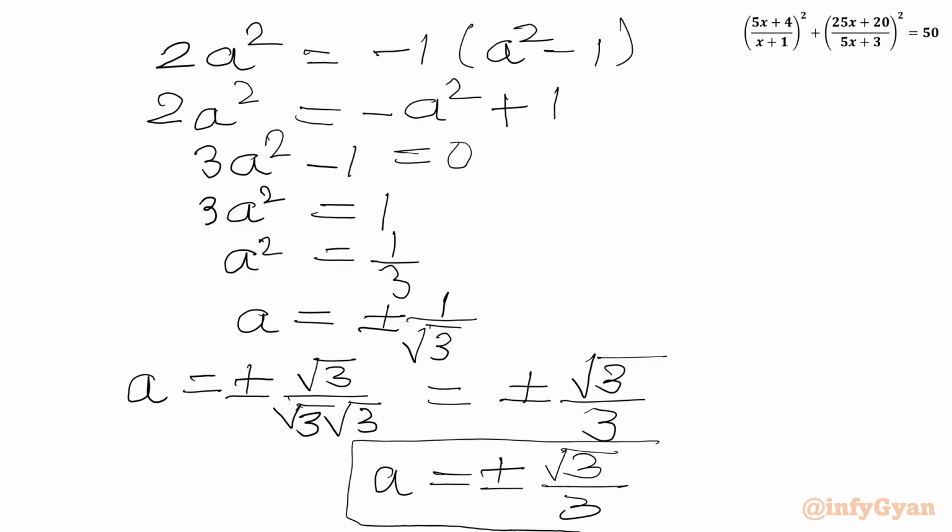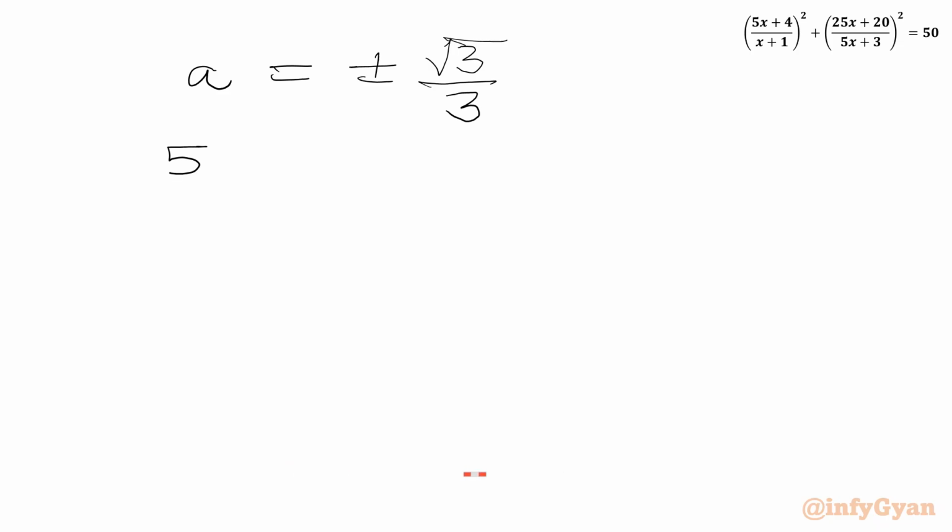Now a was our substitution, if you remember. A was 5x plus 4. I will write a equal to plus minus root 3 over 3, and a was 5x plus 4, so 5x plus 4 will be equal to plus minus root 3 over 3.